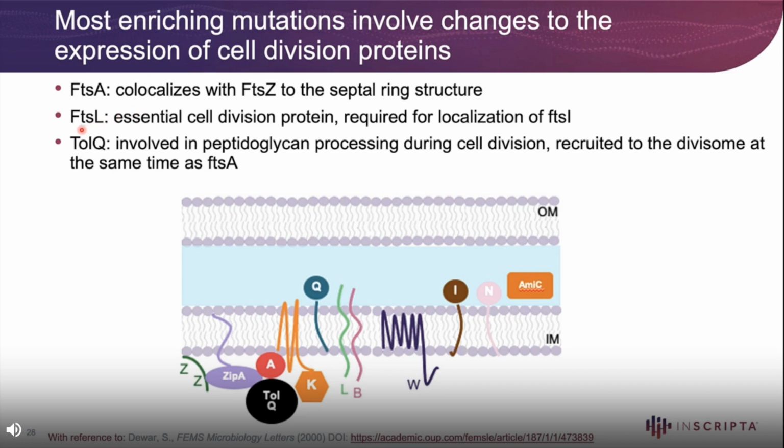FtsL, which is also an essential cell division protein, is required for the localization of FtsI. And lastly, TolQ. TolQ is involved in peptidoglycan processing during cell division, and it's recruited to the divisome at the same time as FtsA.